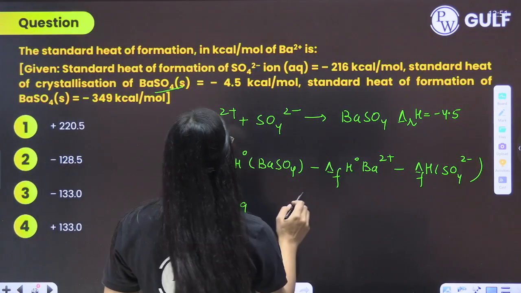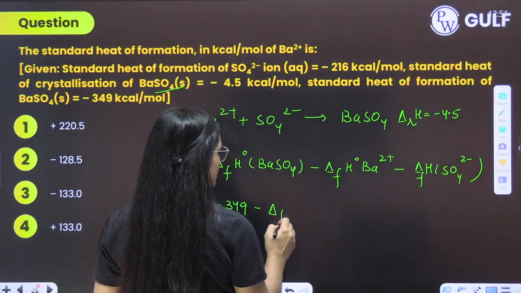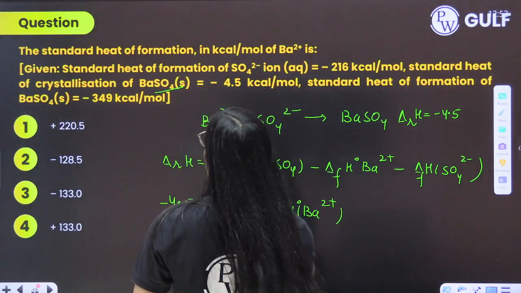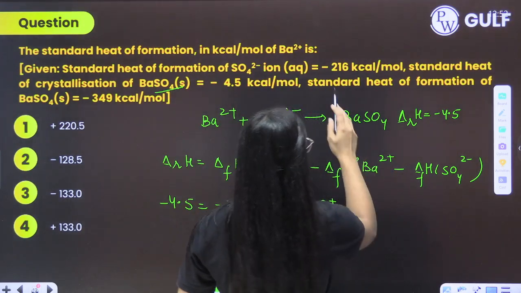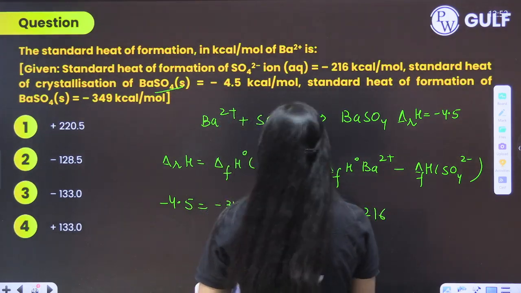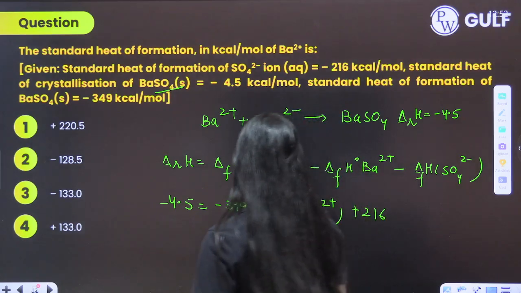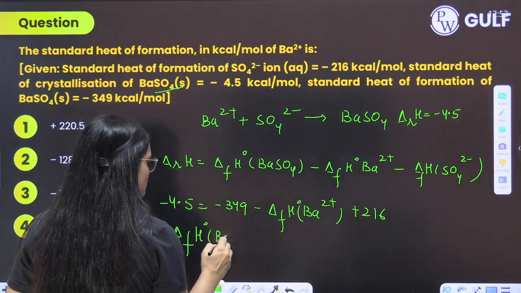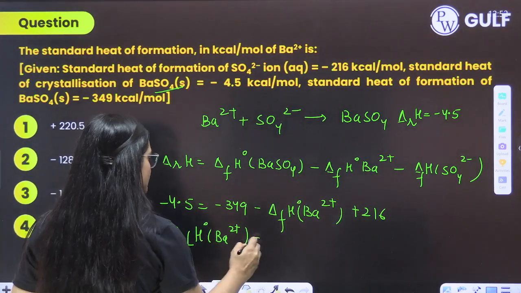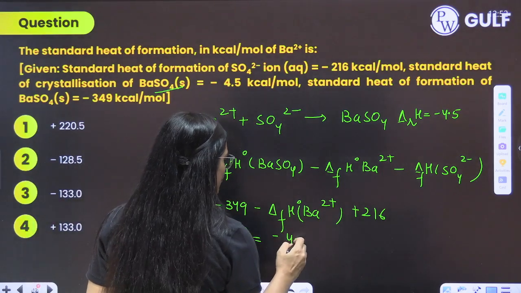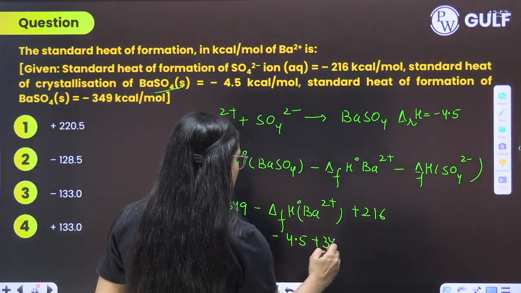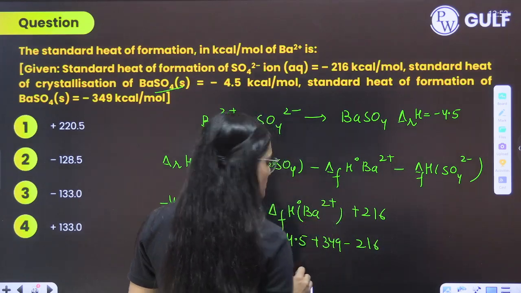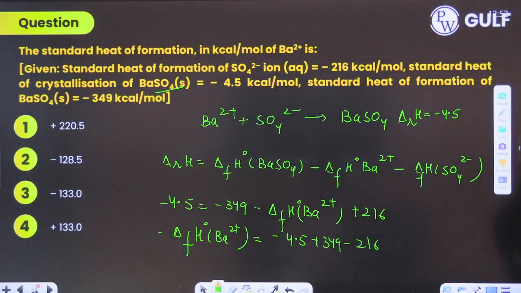And barium I have to find out, minus delta HF naught barium plus 2, and SO4 minus 2 they have given us, that is minus 216, which will be plus 216. Now let's solve it. Delta HF naught of barium plus 2 will be equal to minus 4.5 plus 349 minus 216. Now let's solve it. Jaldi se solve karo and batao. Tell me what is the answer coming.